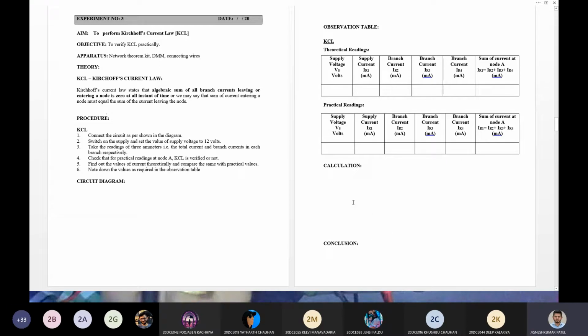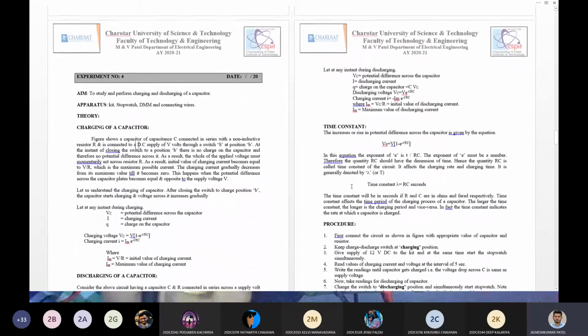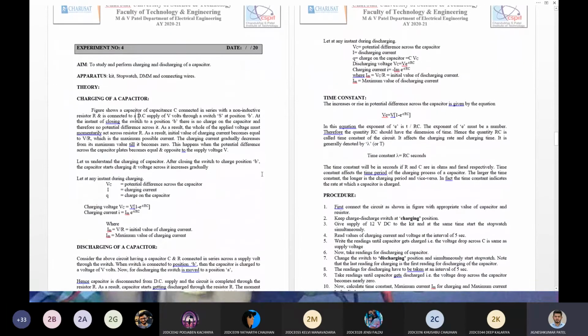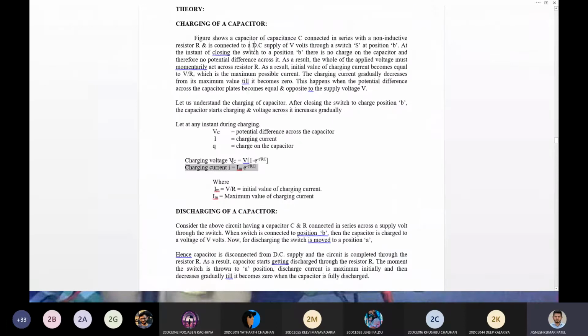Then we'll move ahead with the next experiment, which is related to charging and discharging of a capacitor. Now, I have told you earlier that we are going to derive these two equations, but this is not part of your syllabus. So for the time being, we are skipping that because we lack time.